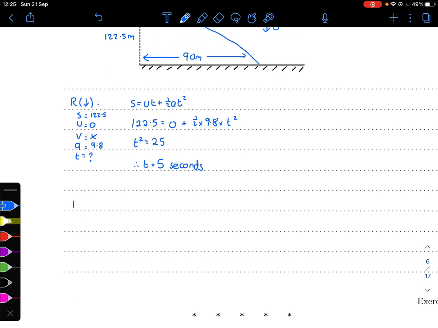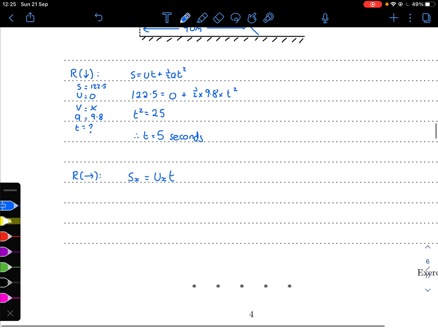So now we can use that in our horizontal. The only equation we have horizontally is s equals ut. I'll try and remember to use these subscripts. So horizontally, the displacement we know is 90 meters. u is what we're trying to find.